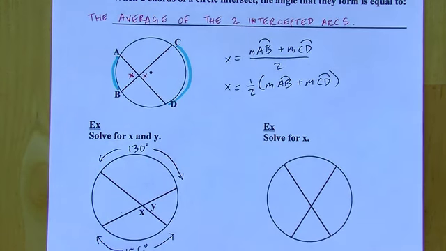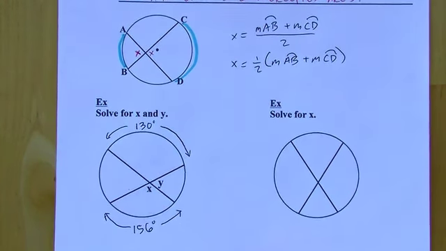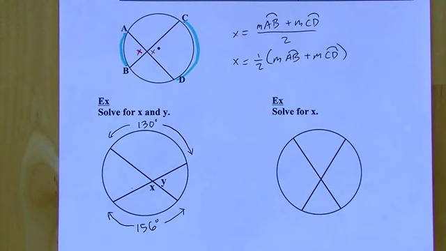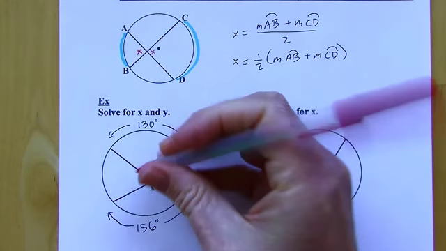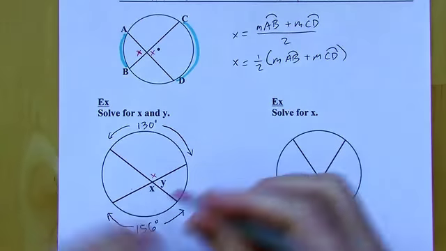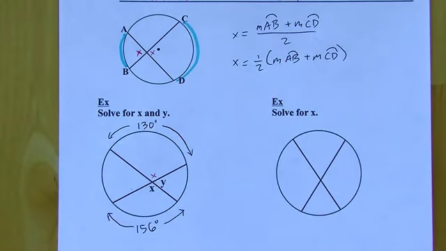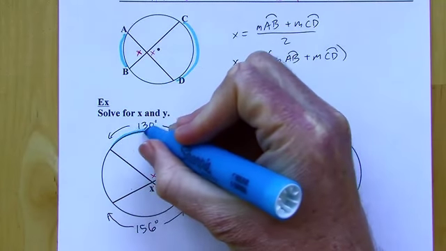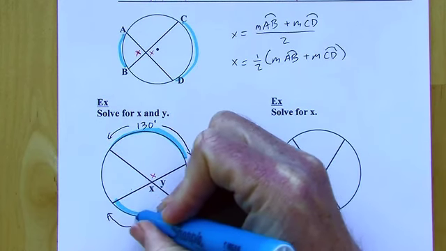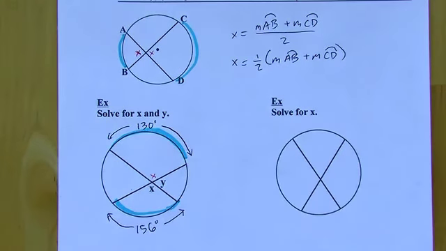Okay, so let's say I know the measure of those two arcs. If this one's x, this is x. And then if I look at the two arcs that those angles are intercepting, that would be this one and this one. And those happen to be the two that I know the measure of.